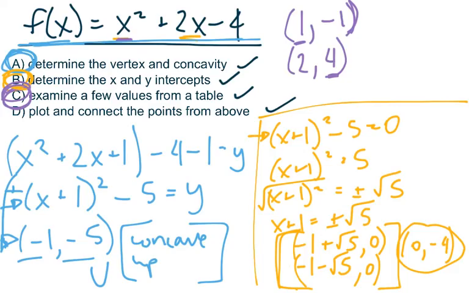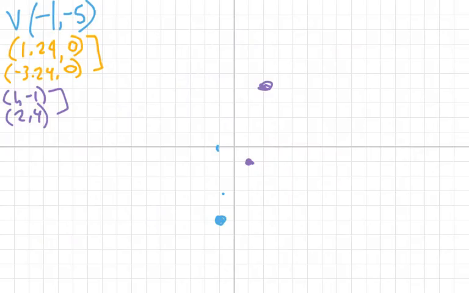We also had, I forgot to plug into here, our y-intercept, which is (0, −4). So that's over here, 2, 3, 4. We have a couple more points. We have (1.24, 0), which is our x-intercept.